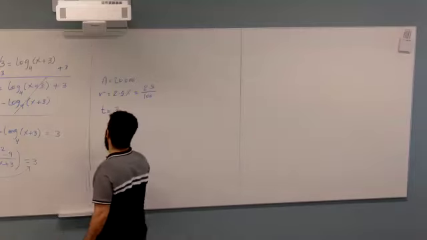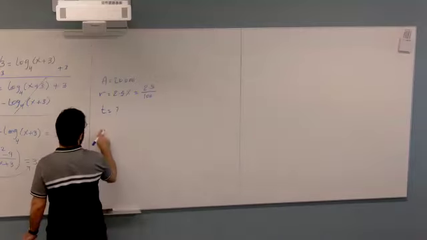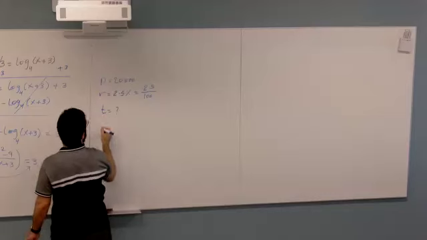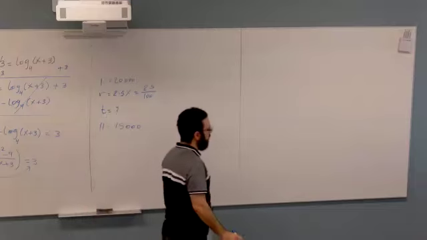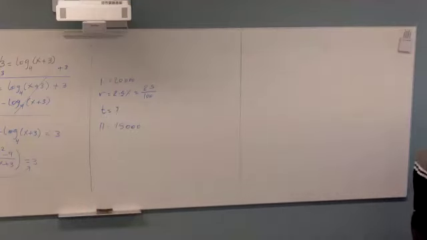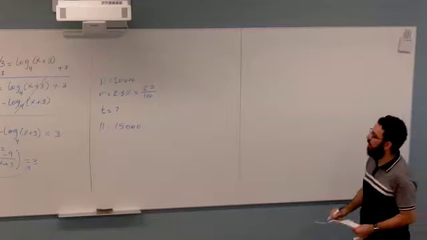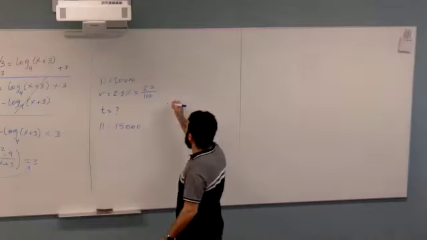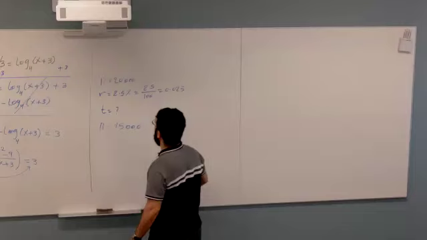So this one is the future value. A equals 45,000. Now 2.5 divided by 100 is 0.025. So this is the interest.